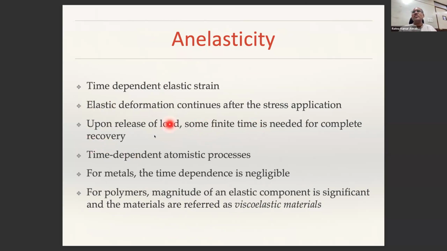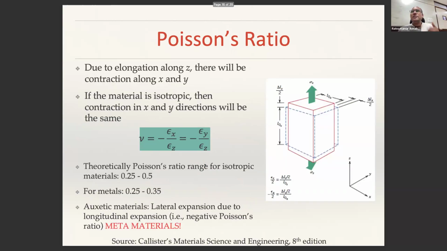Right? So this is what we call a time-dependent atomistic process. For metals, it is not very significant, but for polymers, the magnitude of the inelastic component is significant, and polymers are referred to as viscoelastic materials because there is some viscous effect. There is a time-dependent deformation.